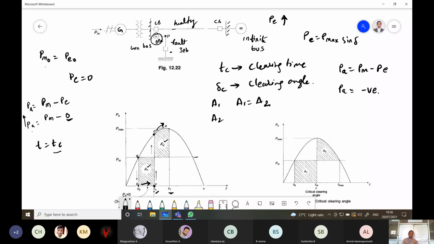Corresponding to the two areas, A1 is equal to A2, so the system is found to be stable because both are equal. The system finally settles down to the steady operating point. What is your steady operating point? Point A is the steady operating point.